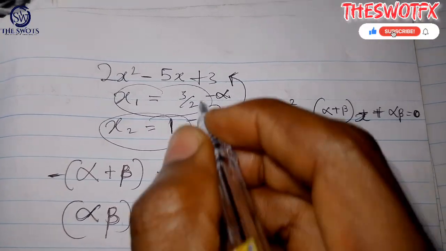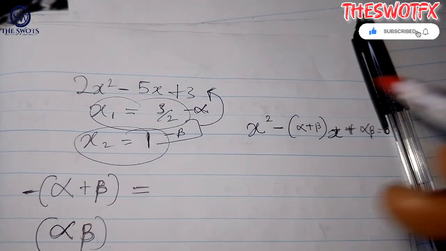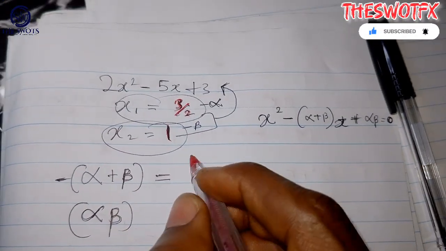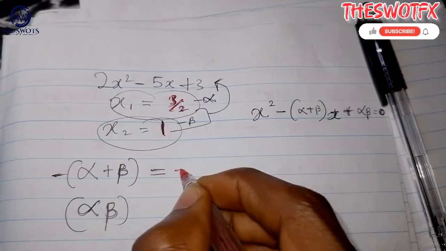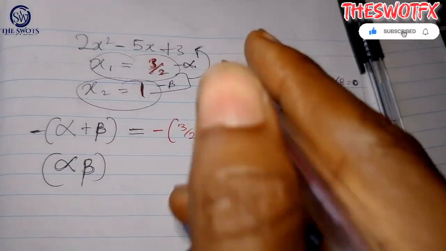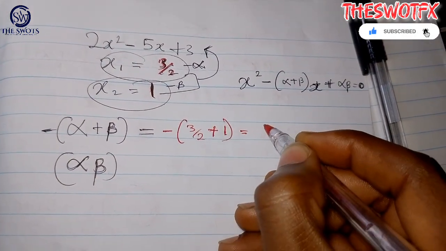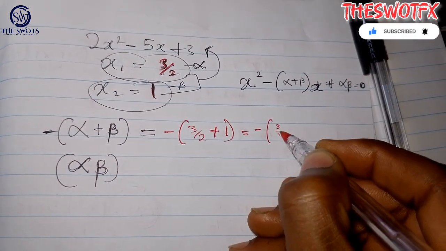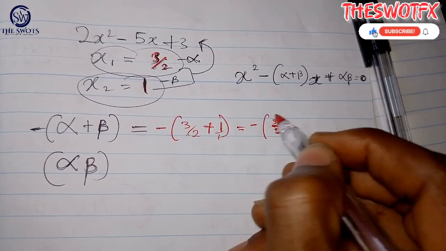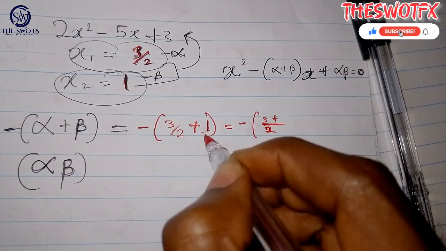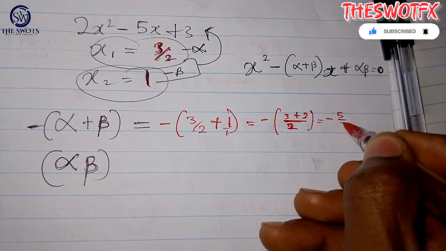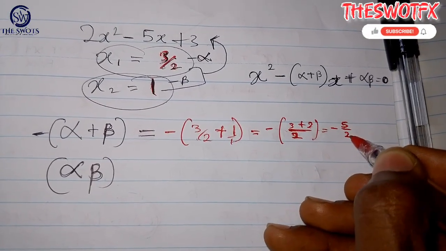So from here, these are our roots. Now these are our values. Our alpha is 3/2, so minus (3/2 plus 1). Here we'll be having fraction 3/2, this one is over 1, so this is 2 here, 2 here, there's 3 plus 2, so here we have minus 5/2.